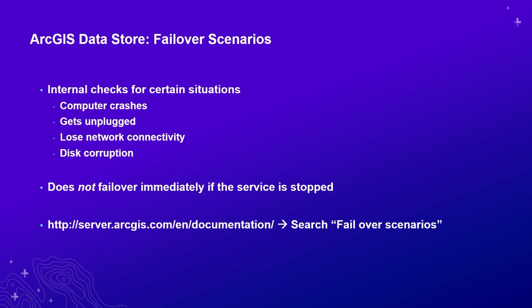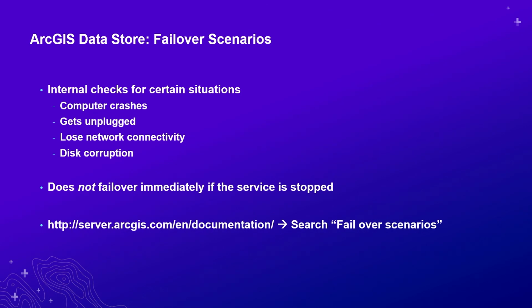ArcGIS Data Store operates a bit differently than Portal when it comes to failovers. For Portal, if the service is stopped on the primary, then the standby will promote itself. But for Data Store, there are internal checks to make sure that failover is really necessary. For example, the computer crashes, it gets unplugged from the network, or there's disk corruption.